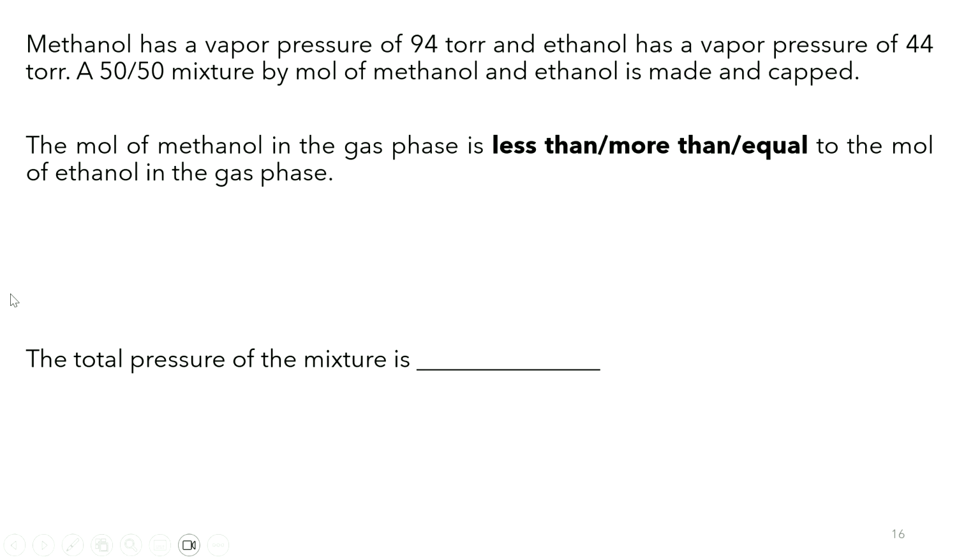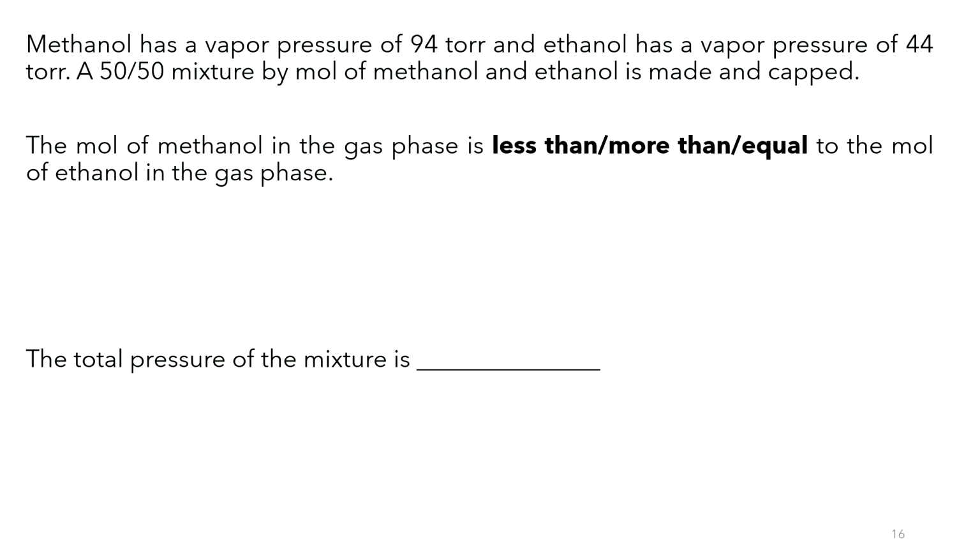Methanol. All right, so I'd read this, I say methanol has a vapor pressure of 94 torr. Ethanol has a vapor pressure of 44. I'd stop myself there and say, this is a Raoult's law question with two volatile components, because I got two vapor pressures. So when I think about what's going into the vapor phase, I need to think about both of these components, both methanol and ethanol. All right?